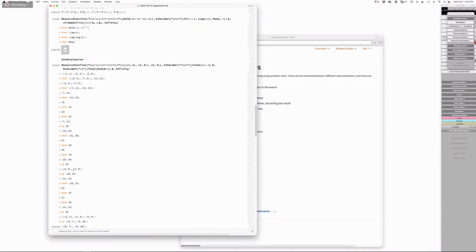And there, you see 23: when you applied down to 23, it gave 47. So that's how it knew to stop, because 47 is a raw expression. So that means 23 is the last result. Yes.